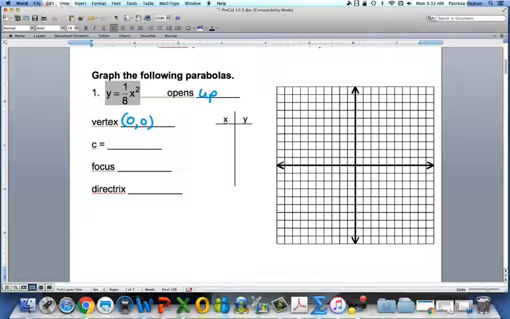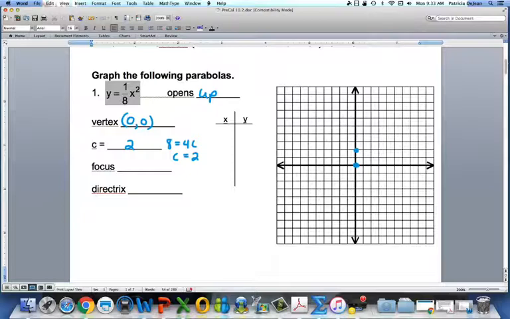Now 8 is equal to 4C, so C must be equal to 2. Okay. So let's locate some of these things on our graph. We've got 0, 0. If C is equal to 2, that means our focus, and it opens up, our focus is 2 above the vertex. So our focus is going to be at 0, 2.